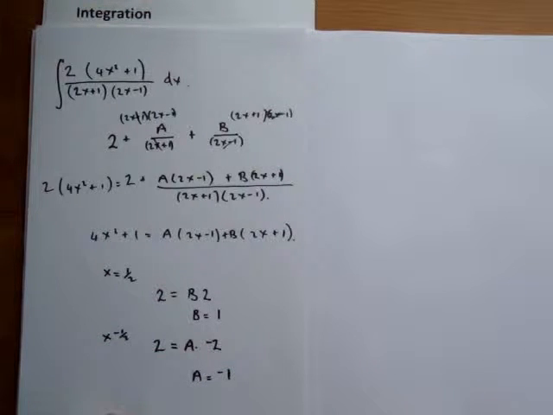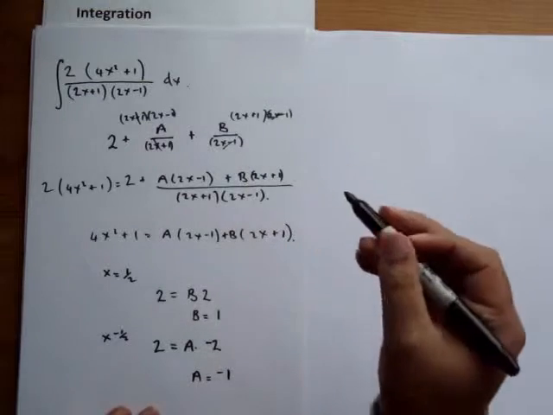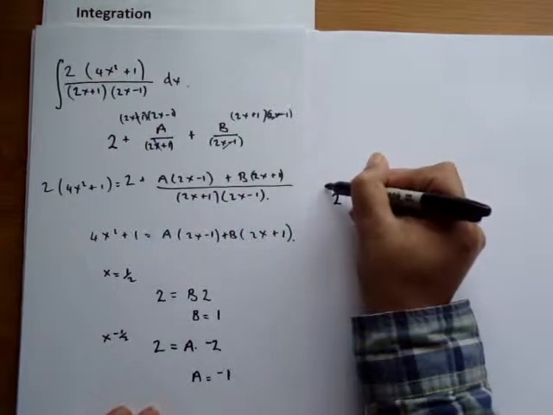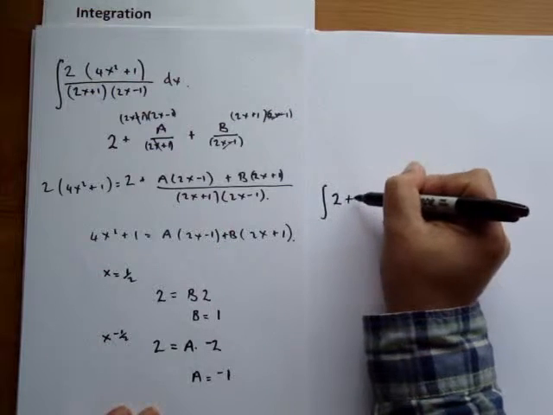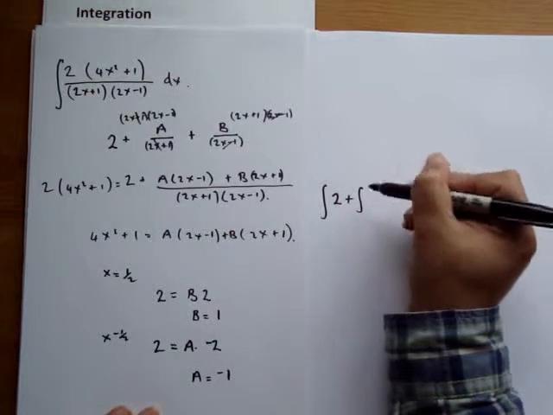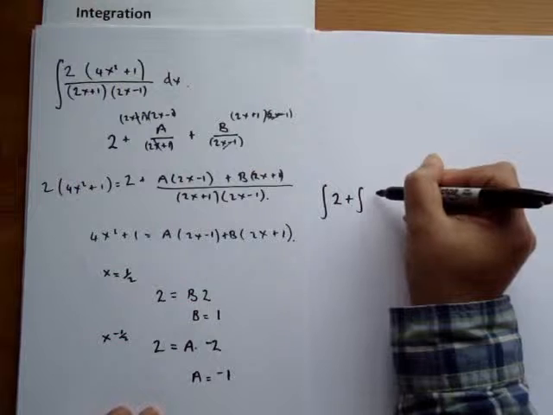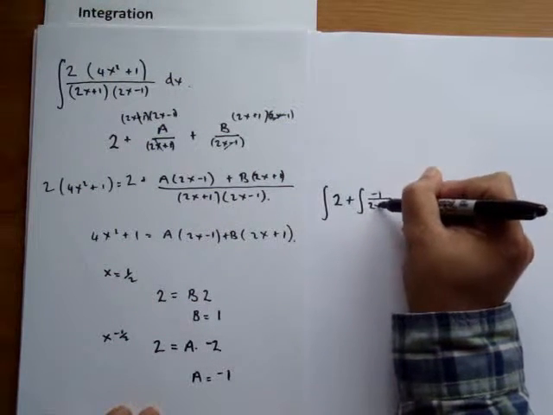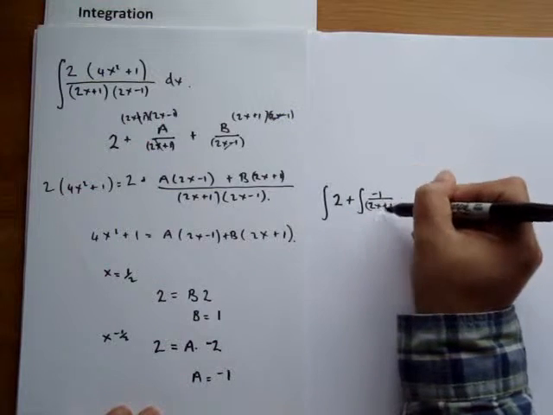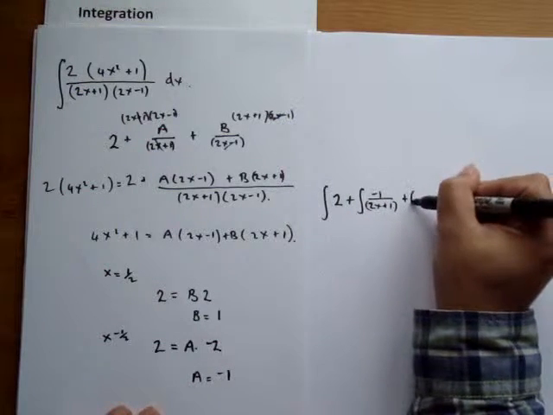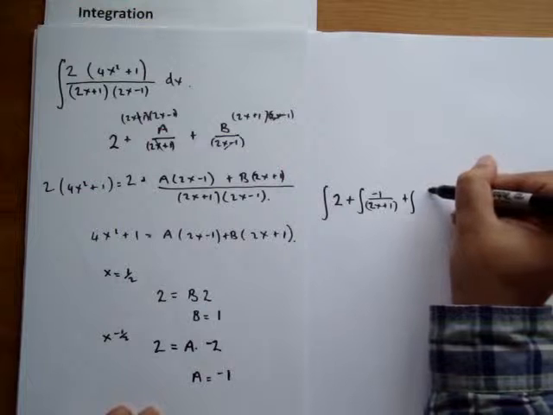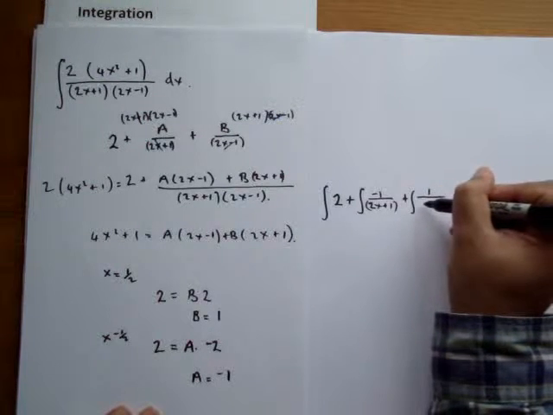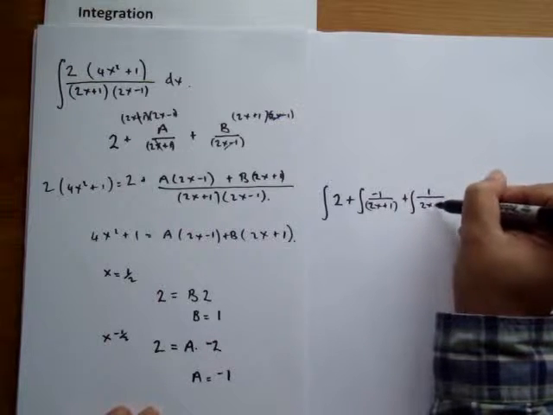So what does this mean? Well, this means that this fraction on the top becomes the integral of 2 plus the integral of A, which is minus 1 over 2x plus 1, plus the integral of 1 all over 2x minus 1.